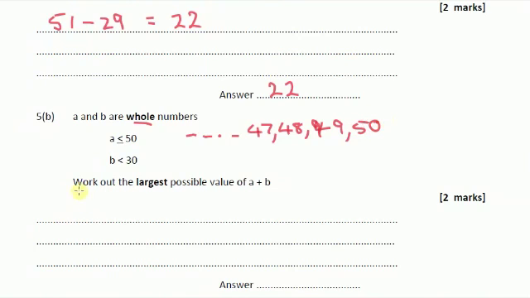B is less than 30, so once again, going up, like we said before, 27, 28, 29, and we stop at 29 because it cannot be equal to 30. Work out the largest value of A plus B. So if you're adding two numbers, we just take the largest value of each one, 50 for A and 29 for B, and we get 79.